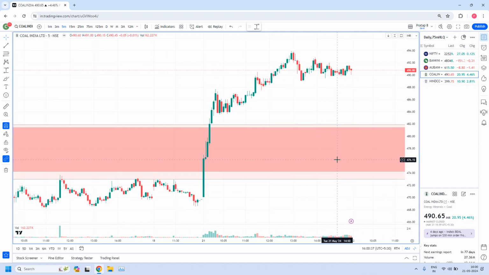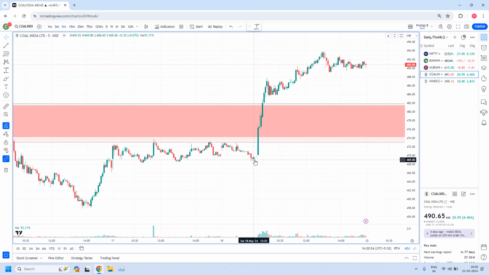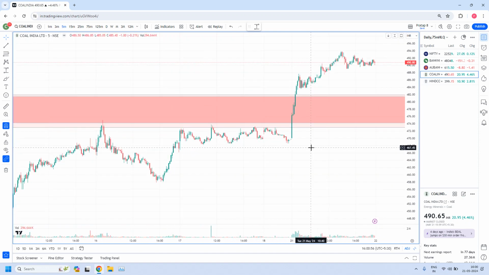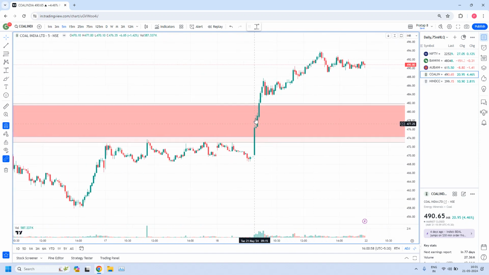Sometimes the zone won't be violated. At that time institutions create a new 15-minute zone or 5-minute zone from this fine-tuned zone and again push the prices down. Only in that scenario it won't be violated. But next time prices reach, we get trade opportunities in such zones. If institutions don't create a new zone, mostly the zone will be violated.